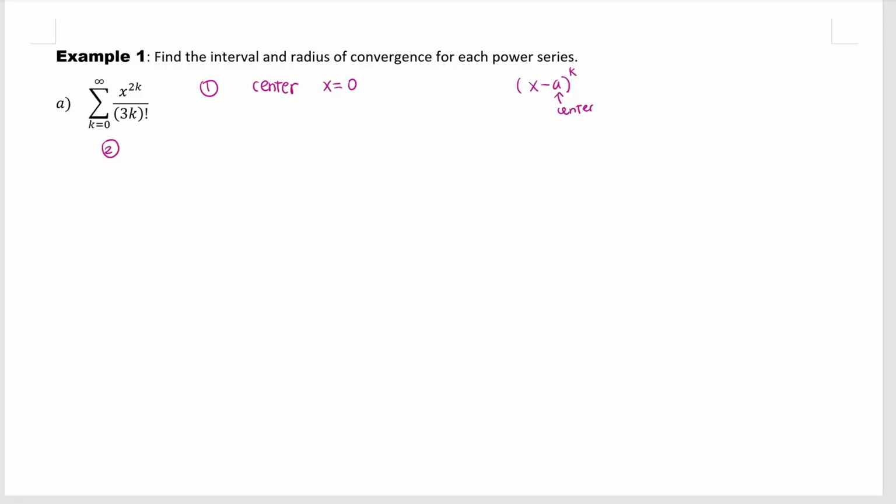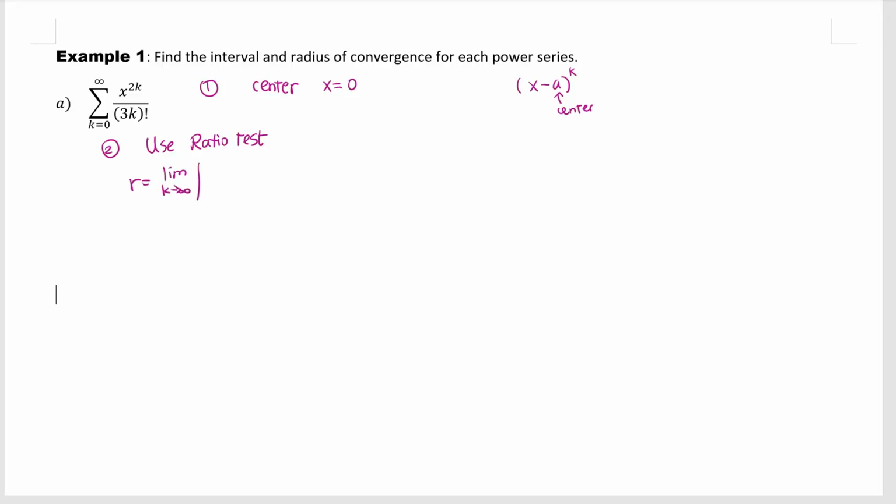So we have so many tests to choose from depending on the series. But in chapter 9 we only do one test, that is the ratio test. So use the ratio test. Then r is the limit.